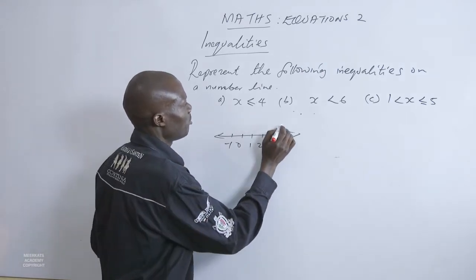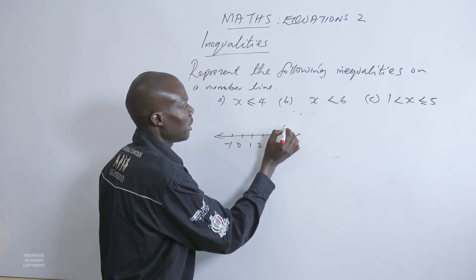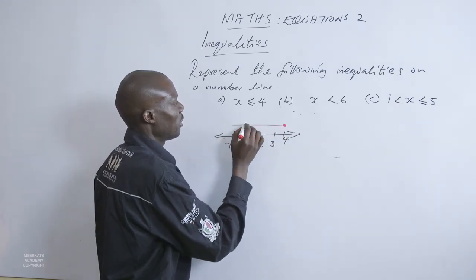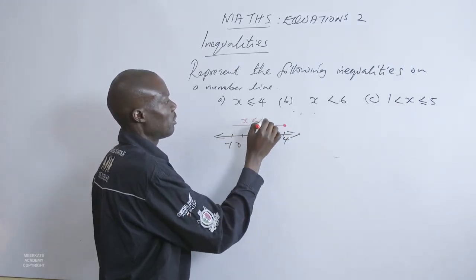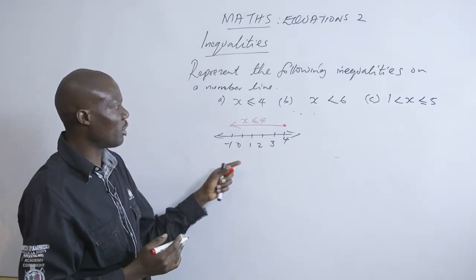We've said this part here is closed, and then the arrow shows x is greater than or equal to 4. So the region covered is the region for greater than.